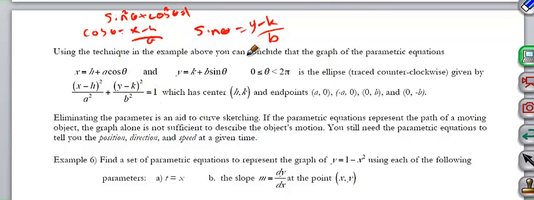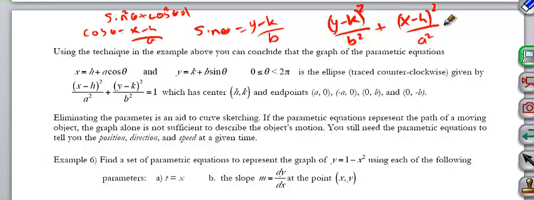Okay, so let's take our sine squared, and we got (y minus k) squared over b squared plus cosine squared theta, so, sorry, (x minus h) over a squared equals 1. Oh, look at that. We got that ellipse that we're kind of talking about right here.